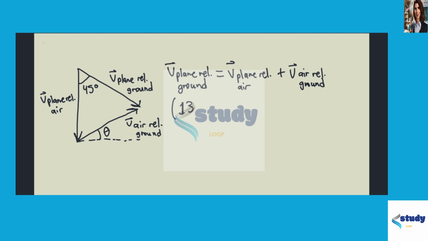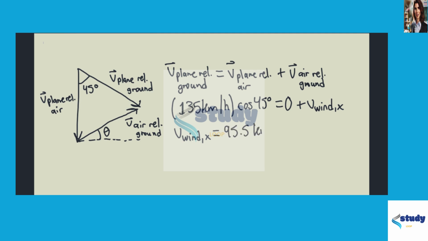So we can say 135 kilometers per hour multiplied by cosine of 45 degrees would be equal to 0 plus the velocity of the wind in the x direction, my apologies. This would be 95.5 kilometers per hour.